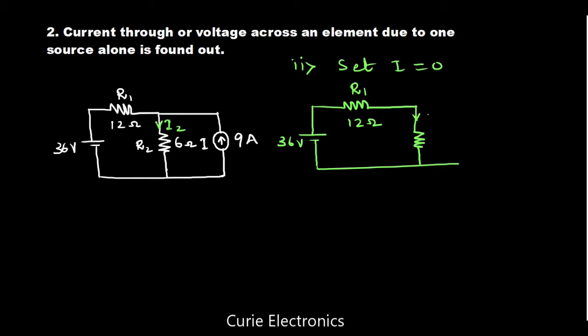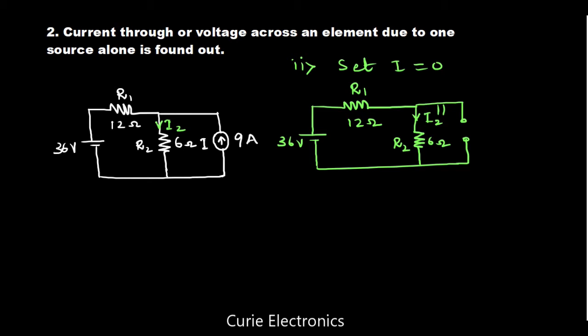This current we will mention as I2 double dash. And then the current source we are replacing by an open circuit. And what is this value? R2 equals 6 ohms.